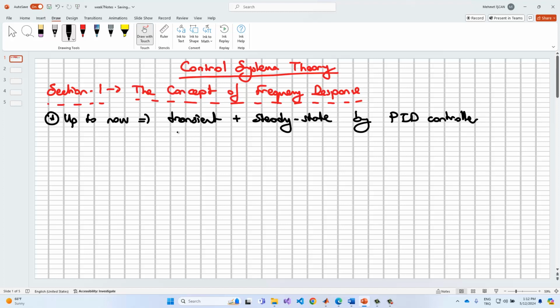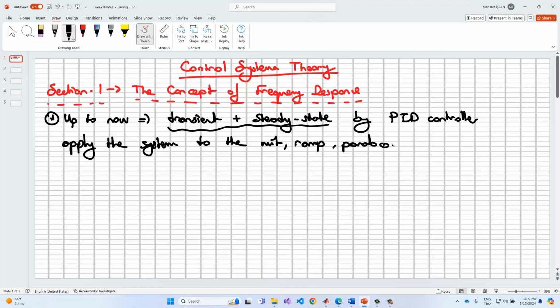But in these cases we always apply the system to the unit step or ramp or parabola signal, especially for the steady state error cases.